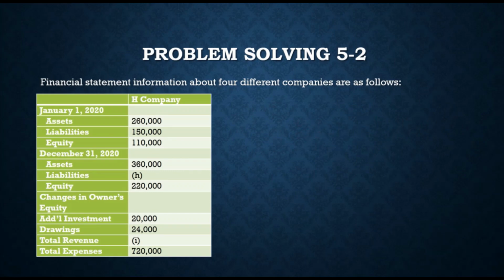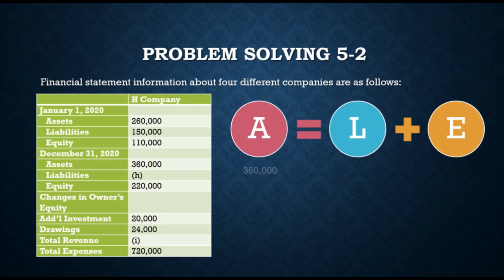So, sa letter H naman, meron tayong asset na 360,000, nawawala yung liabilities at the end of the year, and meron tayong 220,000 sa equity. So, 360,000 minus 220,000, ang ating liabilities at the end of the year ay 140,000.